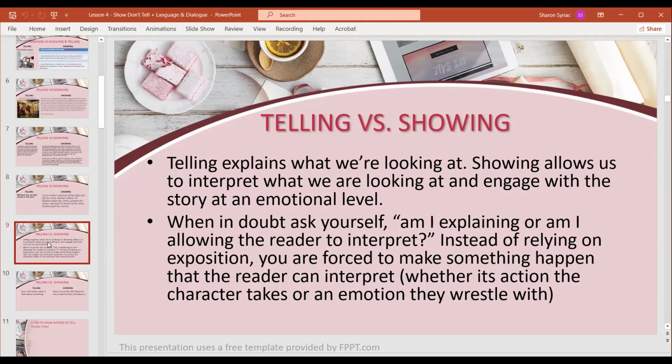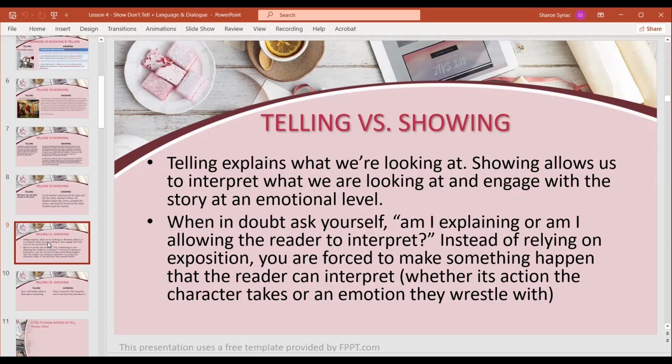And the difference between showing and telling is simple. Telling explains what we're looking at. We're looking at Michael afraid of the dark. But showing allows us to interpret what we are looking at and engage with the story at an emotional level.